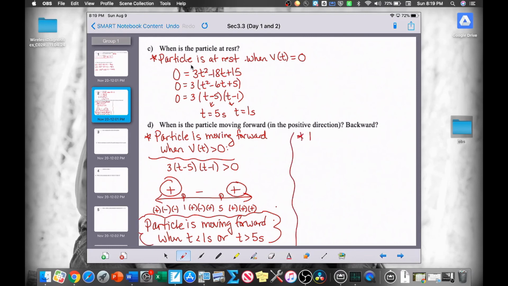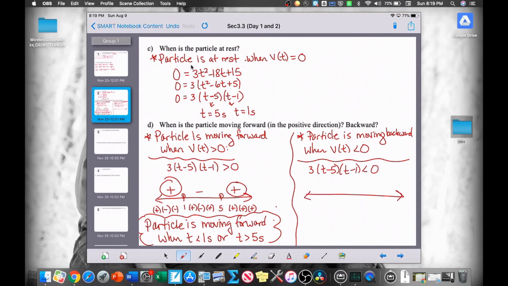All right, so now when is our particle moving backward? Well, as you can guess, it's moving backward when v of t is less than 0. And we've already done our sign charting for 3 times (t minus 5) times (t minus 1) is less than 0.